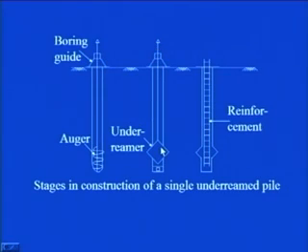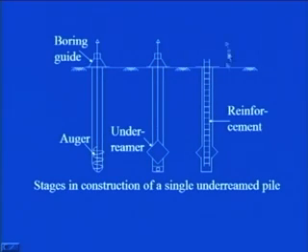Its blades open up, and if you rotate it from this point, that is the top, the soil at this particular level will get cut and it will get deposited in a bucket which is with this particular assembly. Then you simply take this out, empty the bucket, and lower the underreamer again with the pressure, again the blades will open, the soil will get cut, and then you can take out the soil.